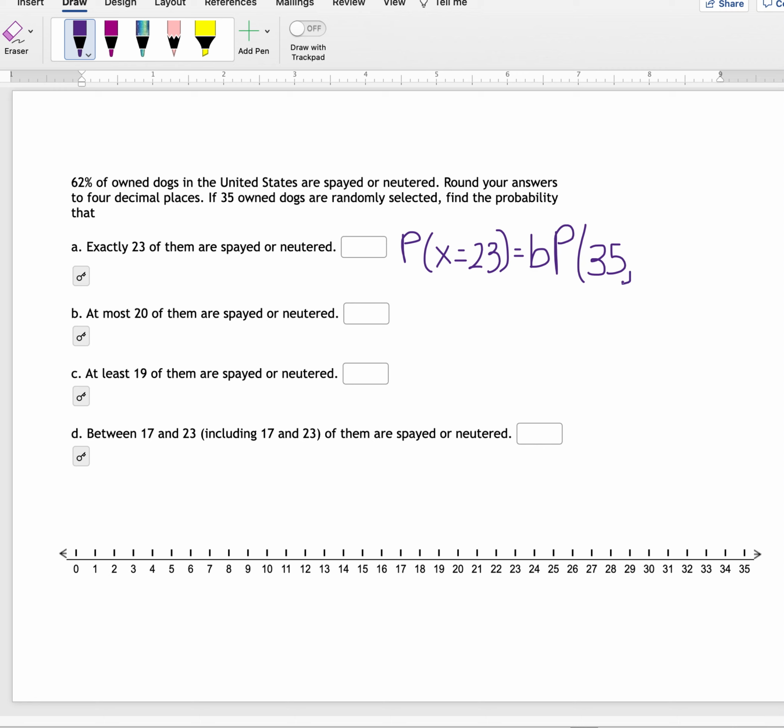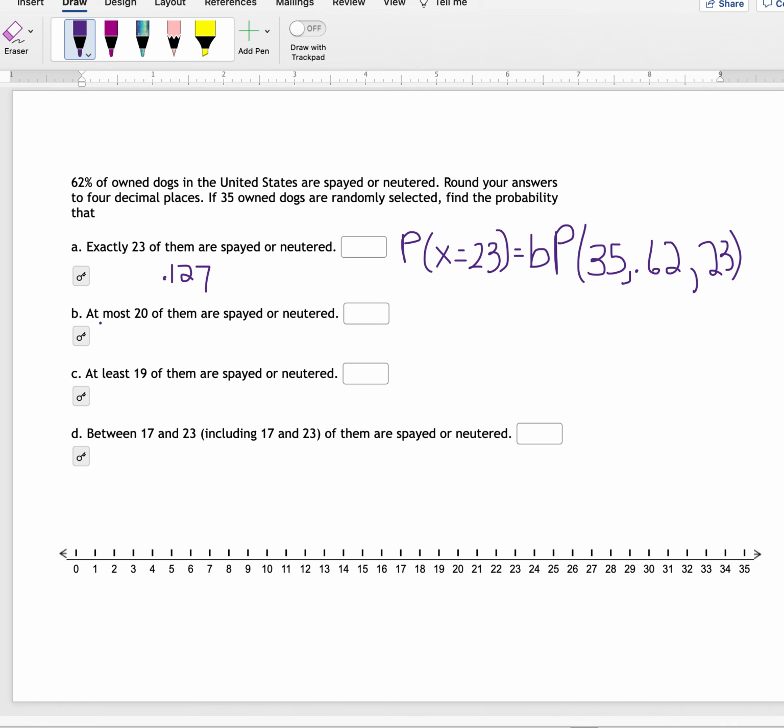We're going to put in our probability, which is 0.62. And then we're going to put in our value for x, which is 23. When you do that, you should get the value 0.127.